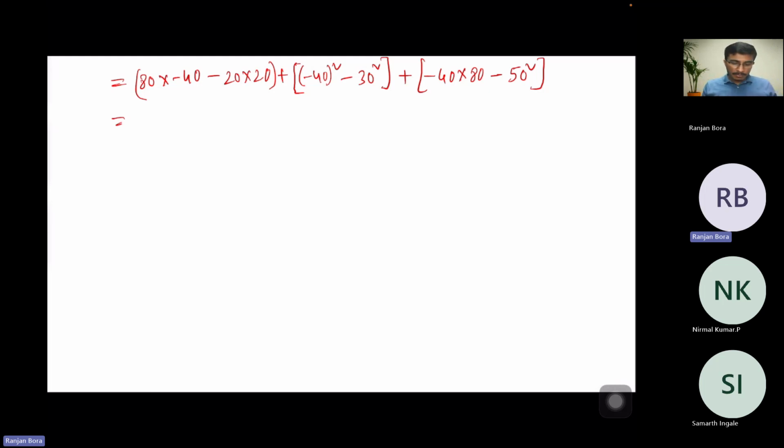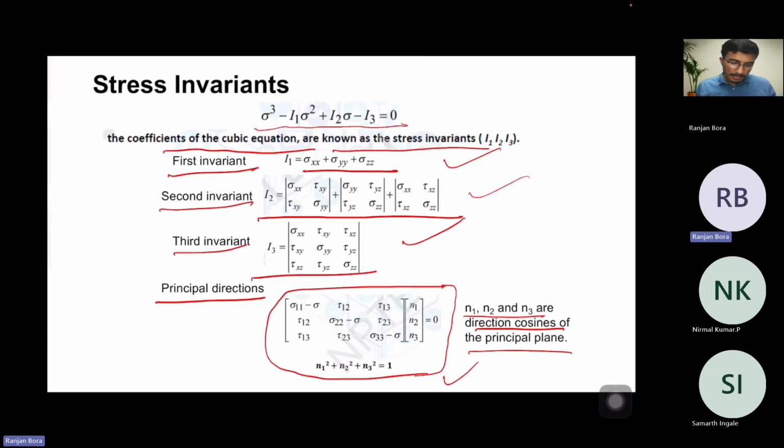This value will be minus 8600. Okay. And the third invariant is the determinant of the three-dimensional matrix.